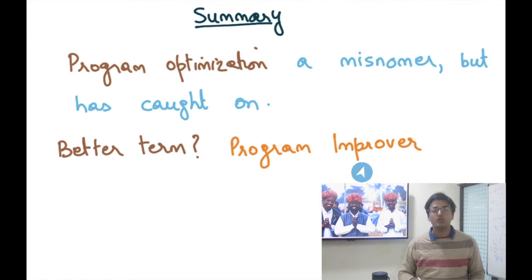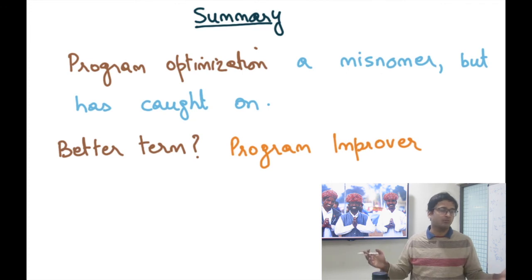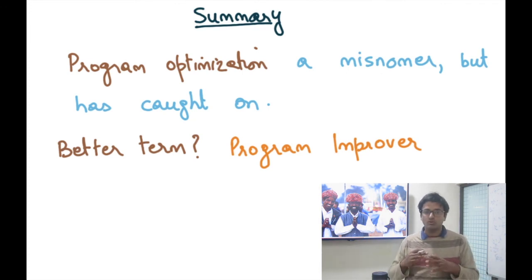A better term would probably be program improver, because all these algorithms are doing is trying to improve the code based on certain patterns or algorithms, and they just stop when a certain criterion holds, or try for some amount of time and then give up. So there's no notion of optimization here. Although it's called optimization, what we're really doing is just trying to improve the code using some well-known patterns.